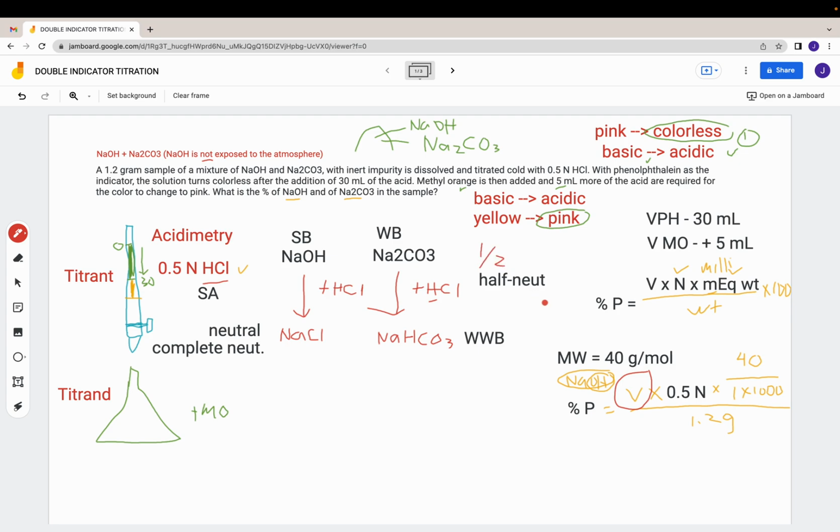So where is the other half? That will now be the second part of addition. Remember, from this point to this point, are you following? From this point to this point, the formation of your sodium bicarbonate, this is actually your phenolphthalein endpoint.